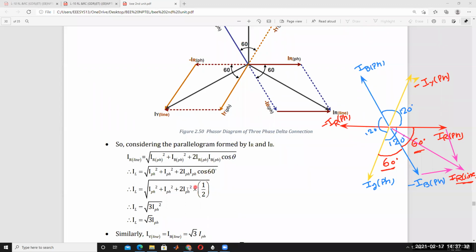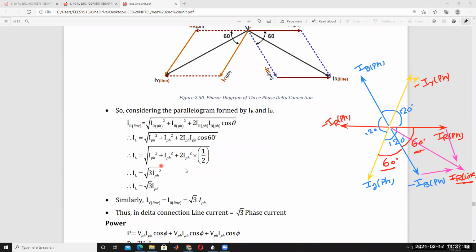By simplification you will get IL equal to root 3 times I phase. Similarly, IY line is equal to IB line, equal to root 3 times I phase. Understood. That means in a delta connected system, line current is equal to root 3 times phase current.